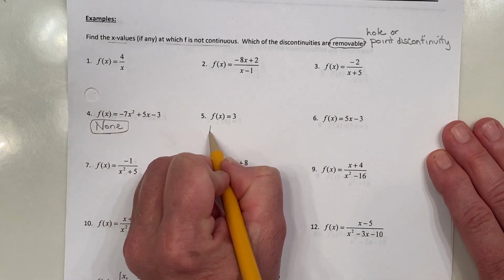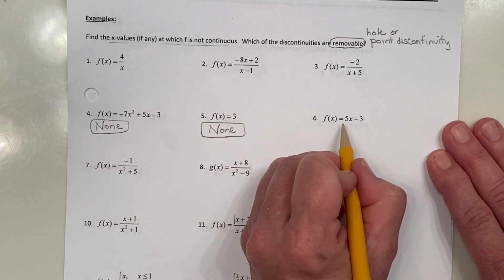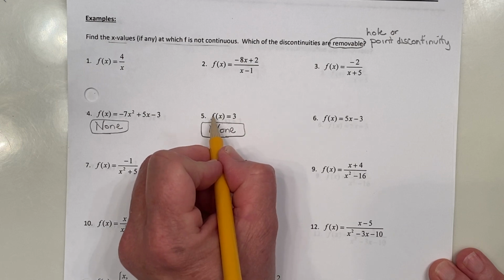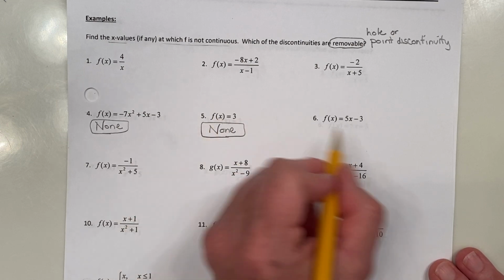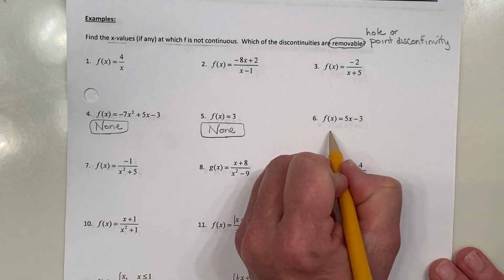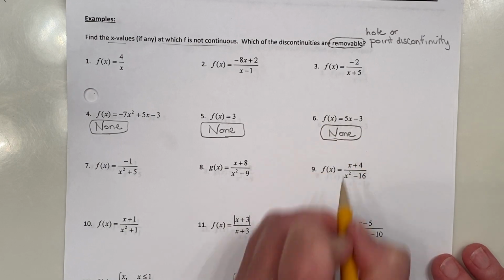So none here. There are no x values at which these functions are discontinuous. And think about the horizontal line at y equals 3. That just keeps going on. There are no breaks. And then this one right here. None. No x values or none will be fine.